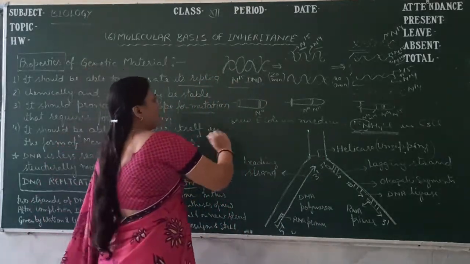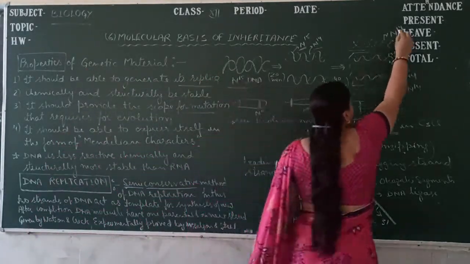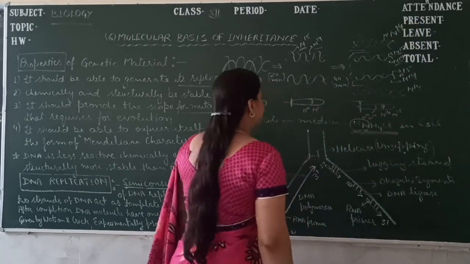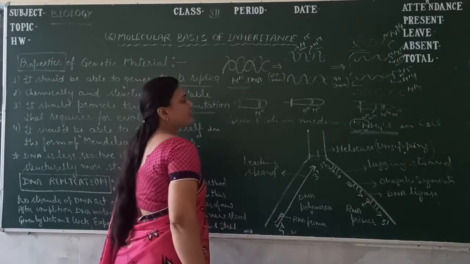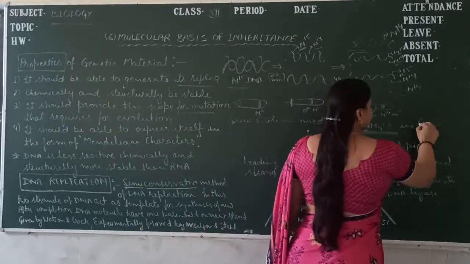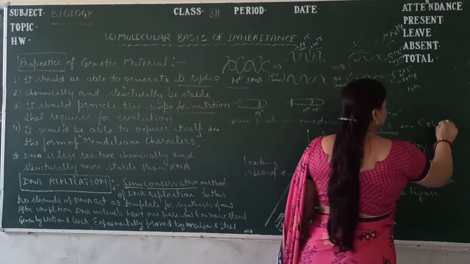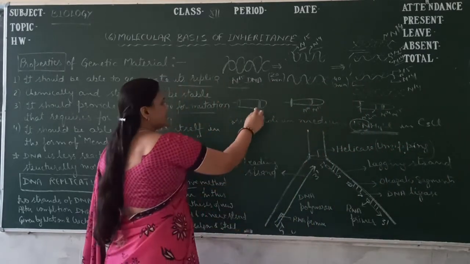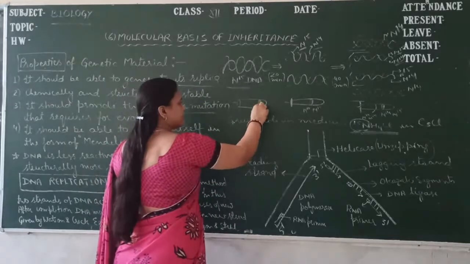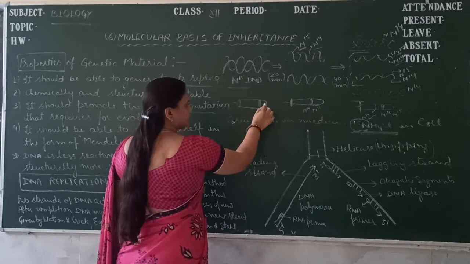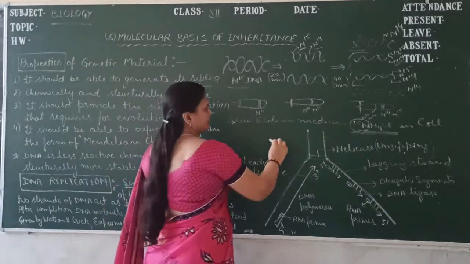Then how did he prove that these are the N14 and N15 strands? By the centrifugation method. He centrifuged in cesium chloride. N15 is heavy, so after centrifugation it is near the base.